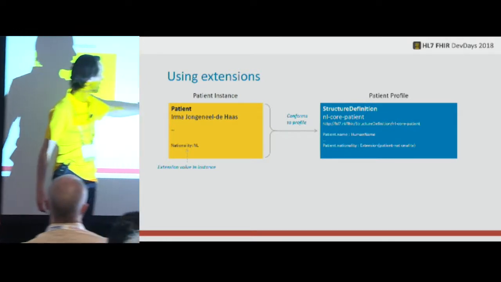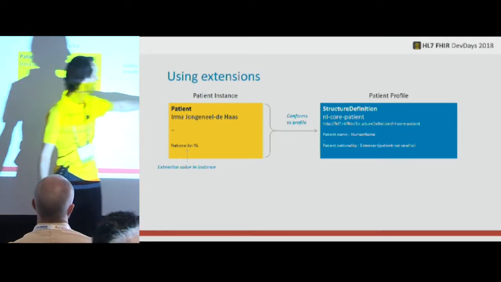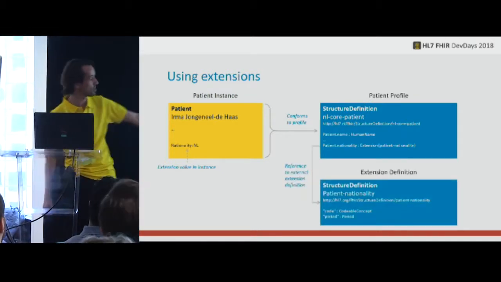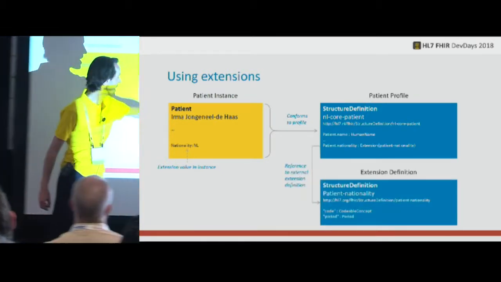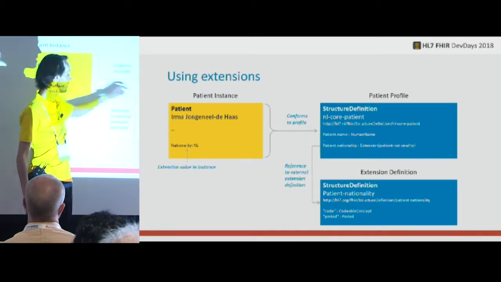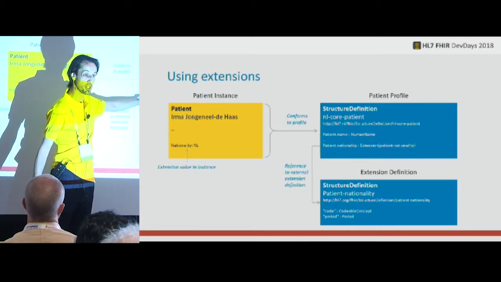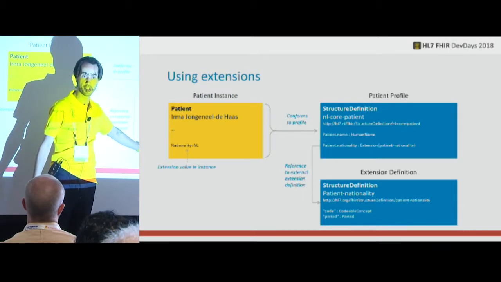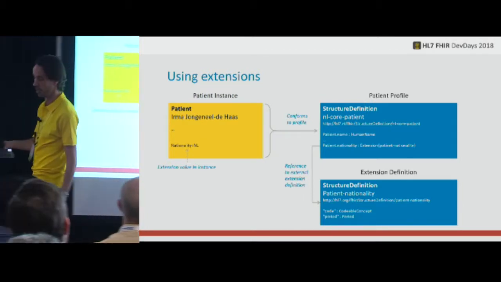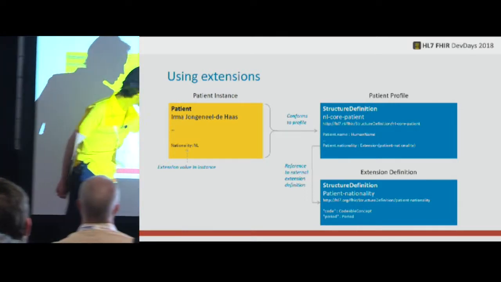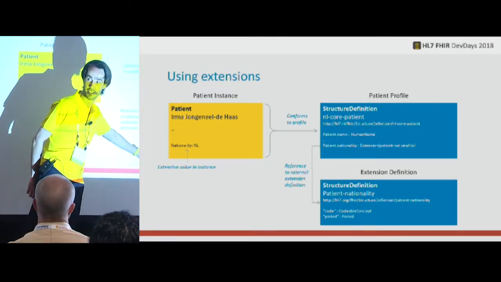And in that profile, there's a nationality element added, and that refers to an extension, the patient nationality extension, and that's actually a separate profile. So again, by means of the canonical URL, first you can see it conforms to NL core patient, and NL core patient will refer you to that extension definition, and that's how you can see how it's defined. And then we find out that it's actually a code with a certain period.